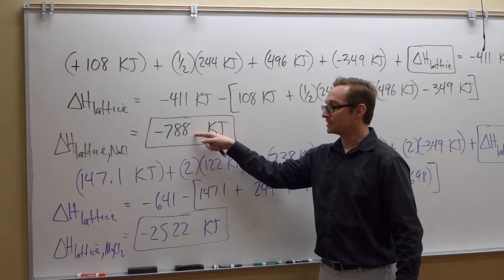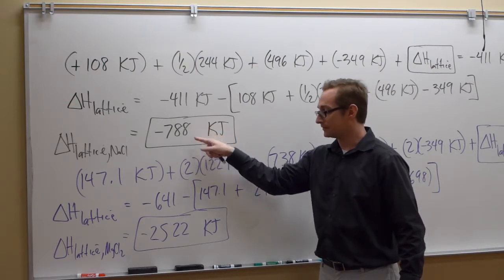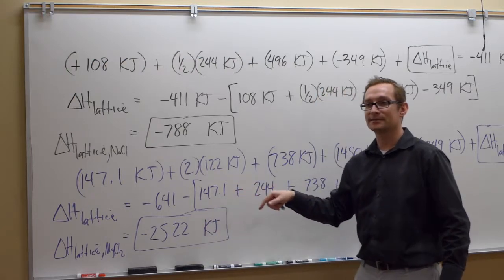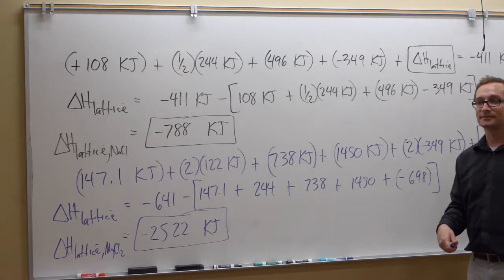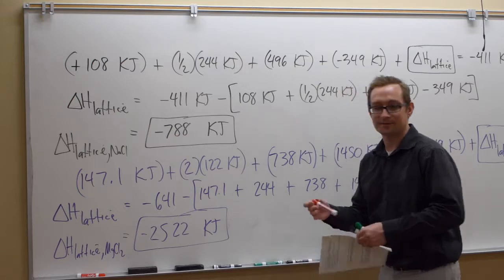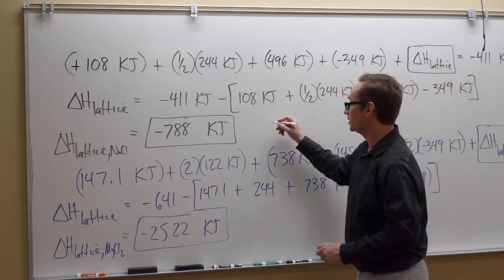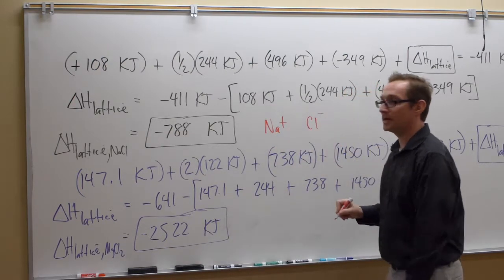Does it make sense that lattice energy for sodium chloride is less negative than the lattice energy for magnesium chloride? Why does it make sense? For sodium, we've got sodium +1 and chlorine -1 coming together.